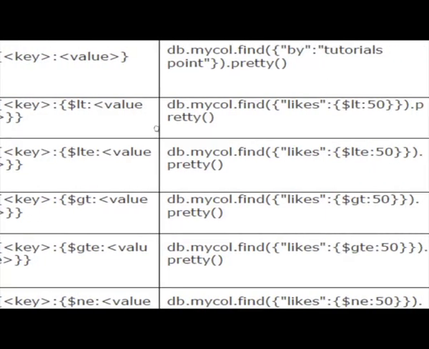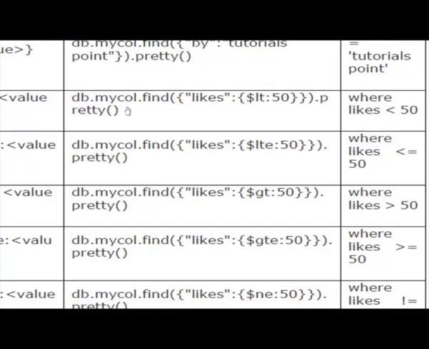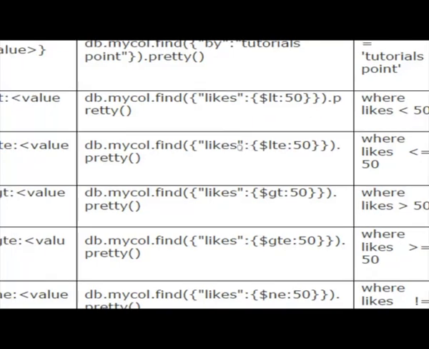An example is db.mycol.find likes $lt 50. What we are trying to find here is those documents which contain likes less than 50. So, it is equivalent to the where clause where likes is less than 50 in an RDBMS environment.